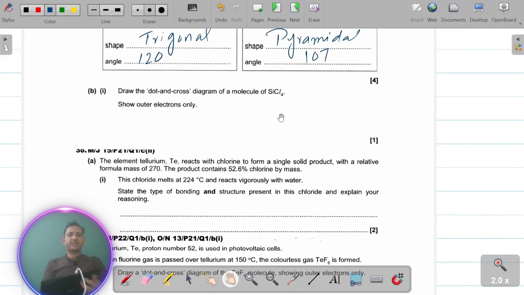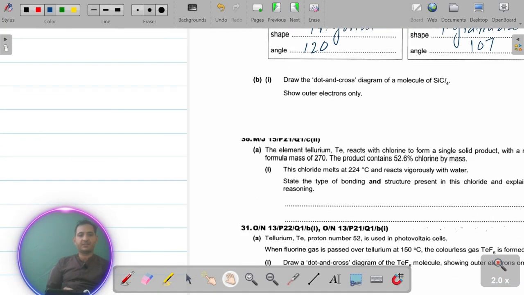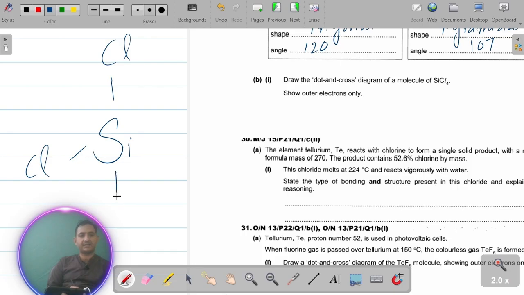Draw the dot and cross diagram of a molecule of SiCl4. Silicon is from group 4, so it is very simple, just like CCl4: Cl, Cl, Cl and Cl. Silicon only has 4 electrons in its valence shell, so there is no lone pair of electrons.